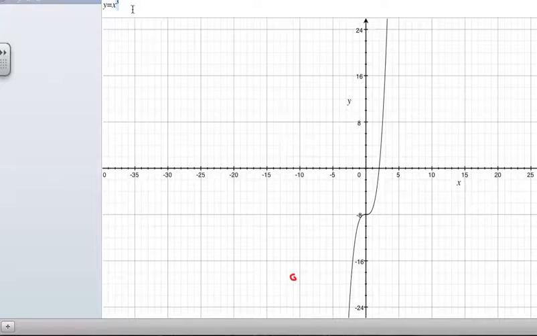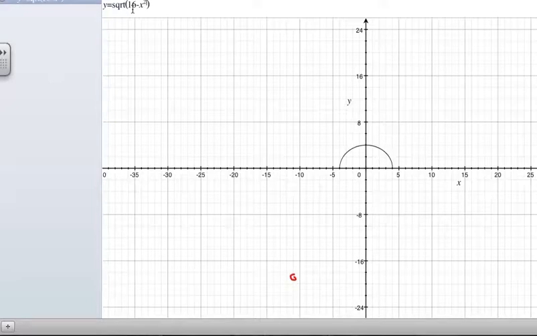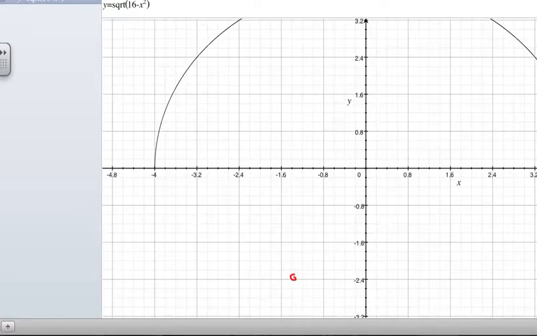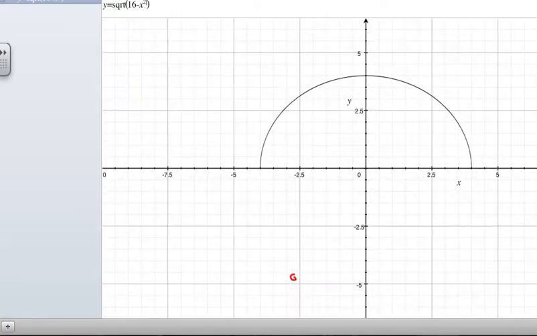Instead of dealing with this one, I'm going to have y equals the square root of 16 minus x squared. All right, and let's zoom in on this a little bit. Whoa, too much. Okay, here we go.